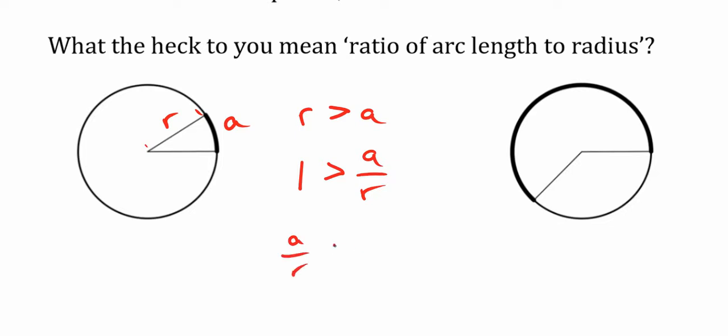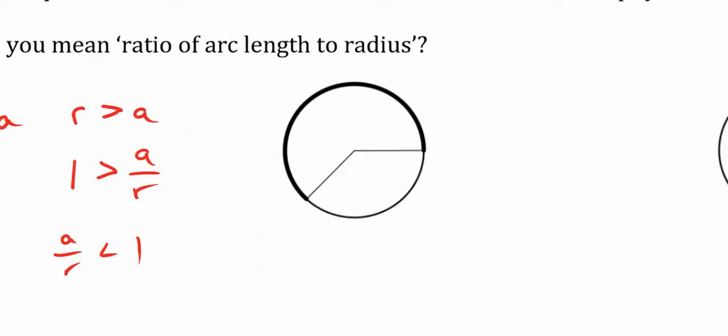It doesn't really matter, but the ratio of arc length to radius is less than 1. So if A was 1 and R was 4, it'd be 1 over 4, so it's less than 1. Does that make sense? You don't know where this is going, but you understand what I've said so far?